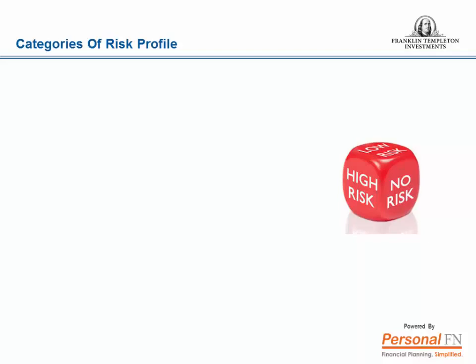Categories of risk profile. Based on the risk profile, you as an investor can be broadly classified as number 1, risk seeker or aggressive. If your risk profile is high, you are an aggressive investor and may be willing to take high risk. Number 2 is risk neutral or moderate. If your risk profile is between medium to high, you would be moderate on your risk.